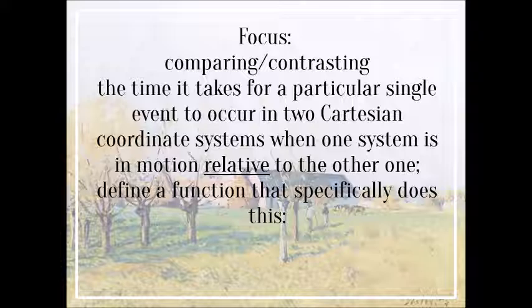So basically, the time it takes for this single event to occur is a function of where the observer is regarding the coordinate systems. Is the observer in coordinate system 1, or is the observer in coordinate system 2, which is in motion relative to system 1?